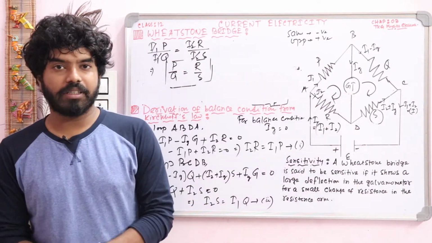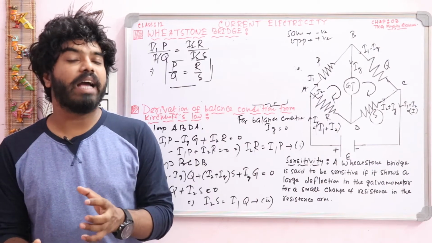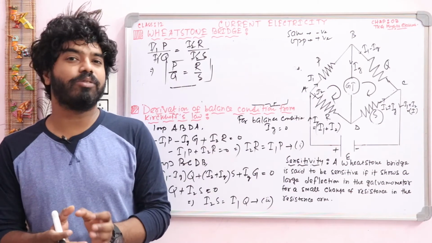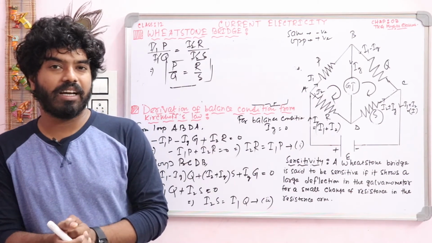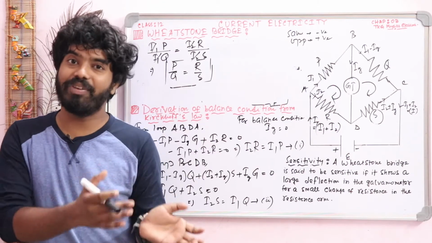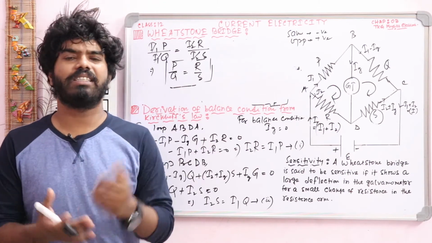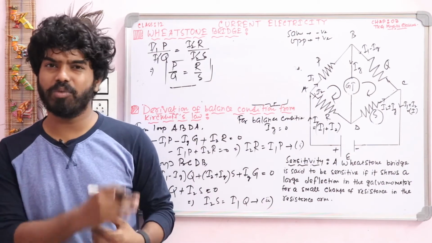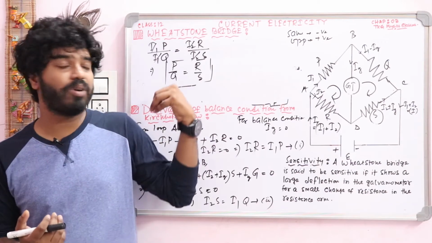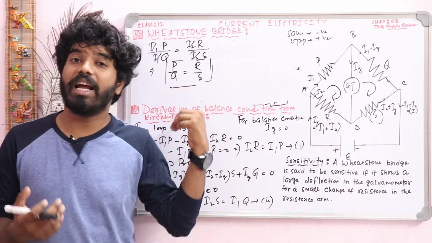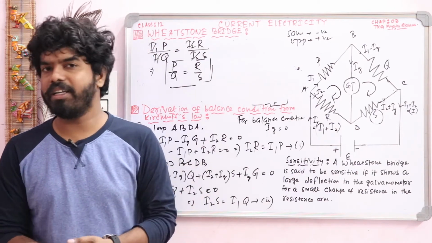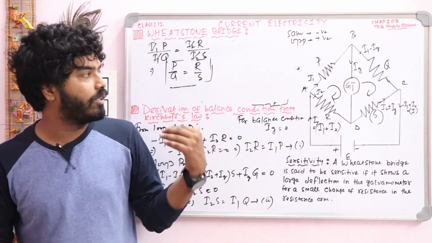Second point: as there is no involvement of current and potential difference, the resistance of ammeter and galvanometer doesn't affect the measurement. And the third one: we can find out unknown resistance more accurately and of very high order by changing the ratio of these ratio arms, that is P by Q. So these are the advantages over other methods for finding unknown resistance using Wheatstone bridge.